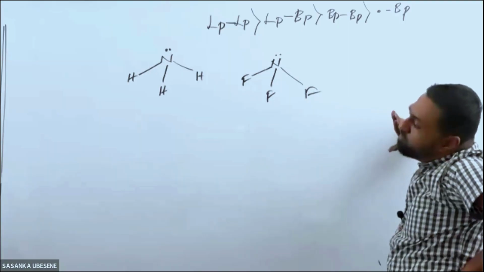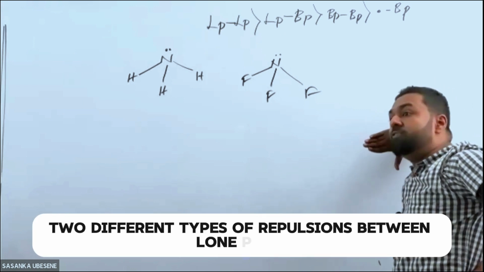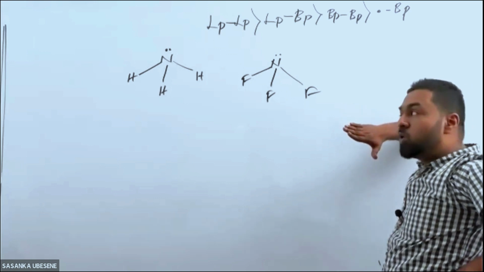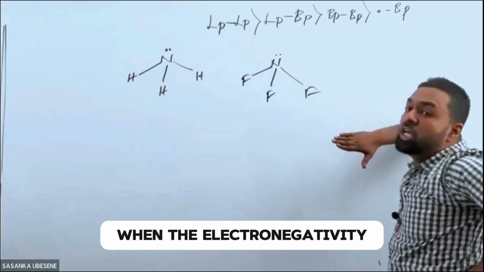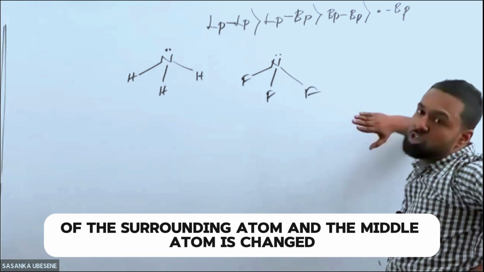So basically, you have two different types of repulsions between lone pairs when the electronegativity of the surrounding atom and the middle atom is changed.